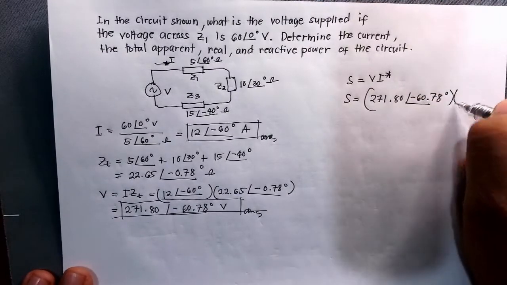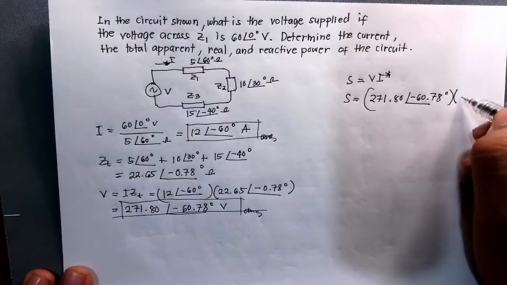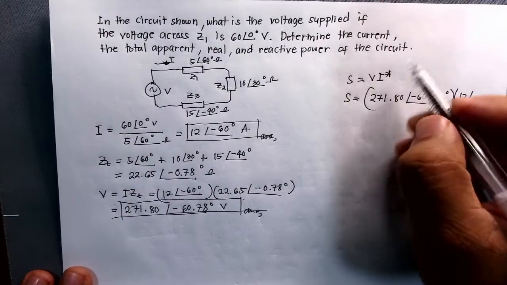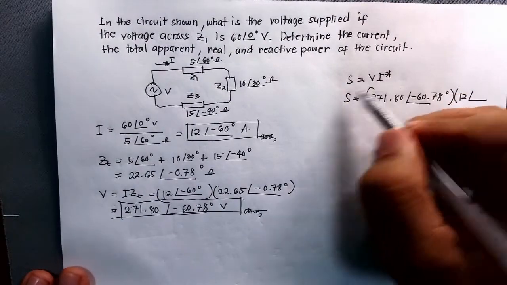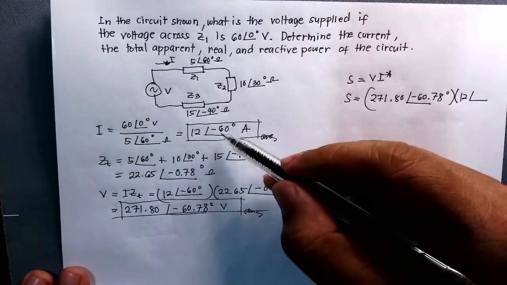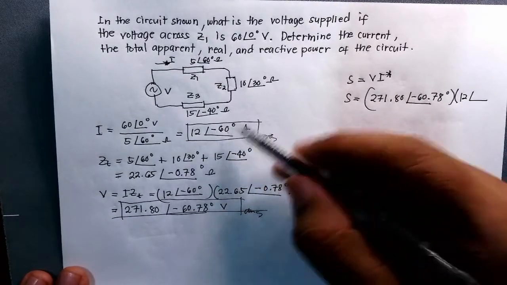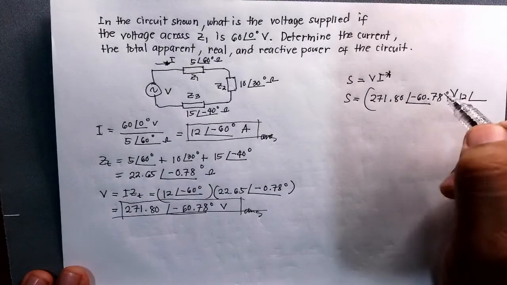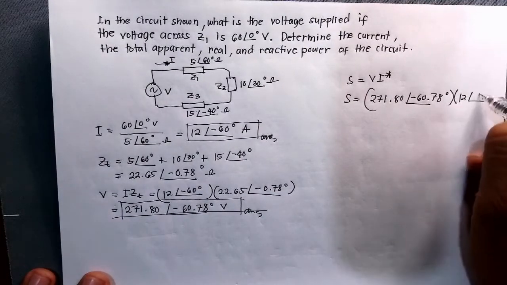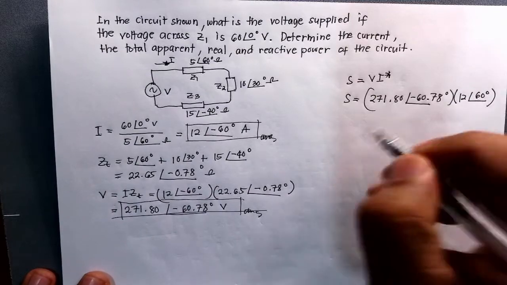Our current is 12 cis of negative 60, but we are taking the conjugate of it, so we make negative 60 positive, taking the opposite sign of our angle, so that will be positive 60.